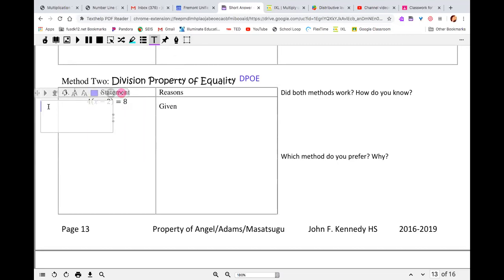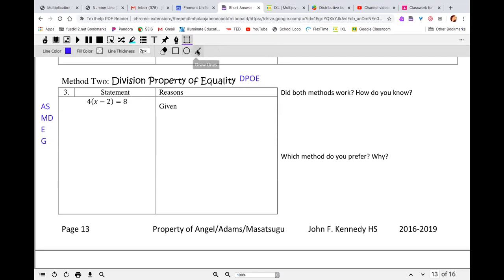And we get AS MD G, we're undoing the operation. So because this is a group, it's at the bottom. Even though this says minus, it's inside a group. So I can start with multiplying or dividing. So 4 times the group, I'm going to divide the whole group by 4, and the 8.